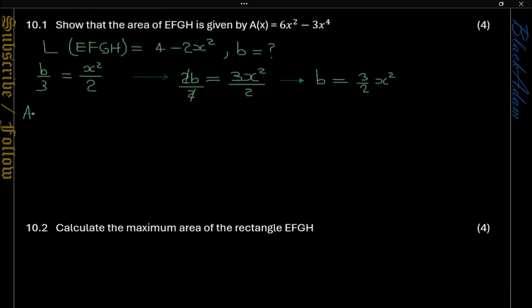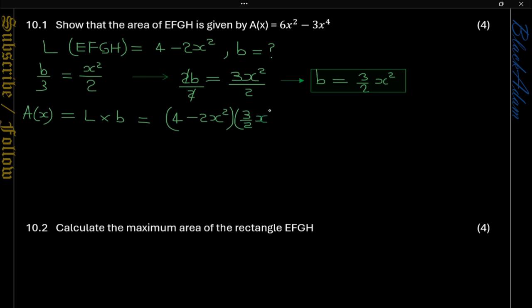So now coming back to the area of the rectangle, that is going to be length times breadth. That's going to be 4 minus 2x squared multiplied by the breadth, which is 3 over 2 x squared.